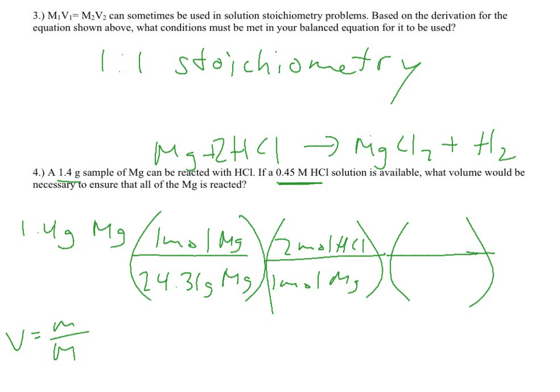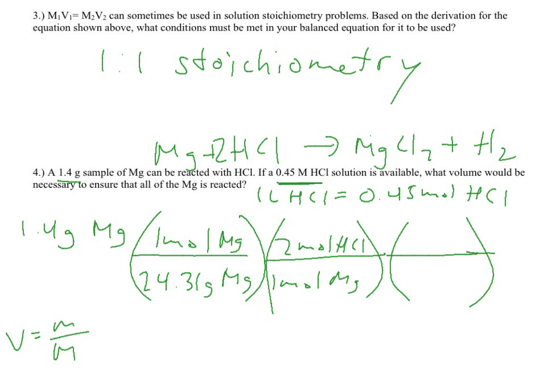We could do that in another way. 0.45 molar HCl means 0.45 moles per liter. That means 1 liter of HCl would have 0.45 moles, so 1 liter of HCl is equal to 0.45 moles of HCl.